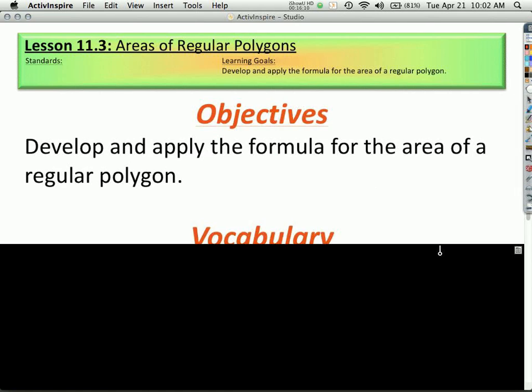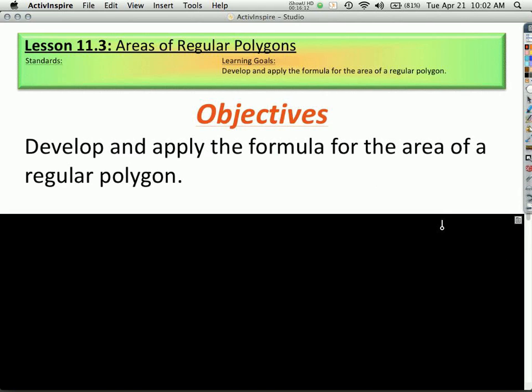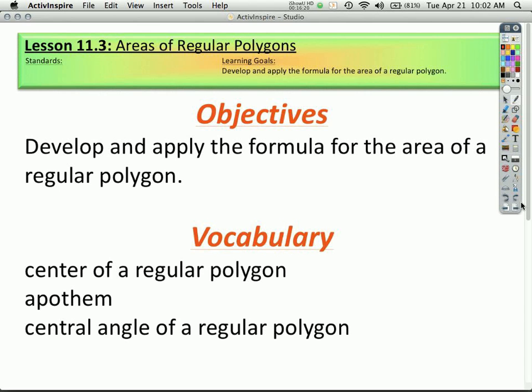So our objectives today are to be able to develop and apply the formula for finding the area of a regular polygon. We have some new terminology that we haven't seen before. We studied circles for quite a while, and we learned that a circle has a center, and so does a polygon. You can actually think of the center of a regular polygon as if it's the center of a circle that's going around the polygon, or circumscribed about it.